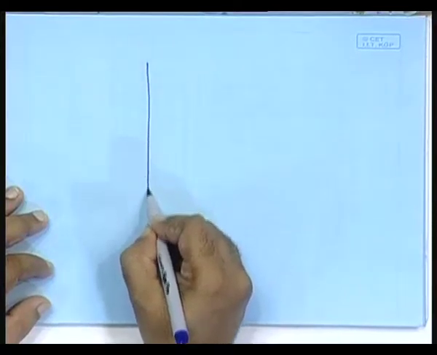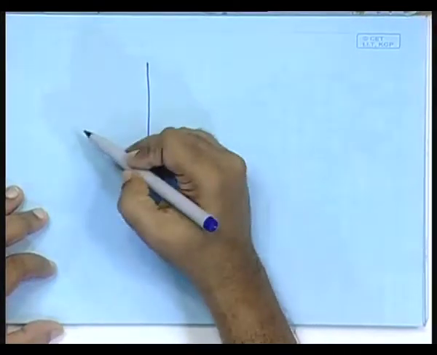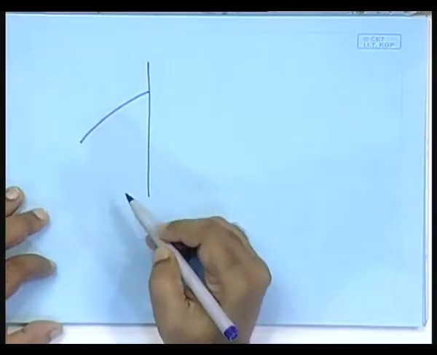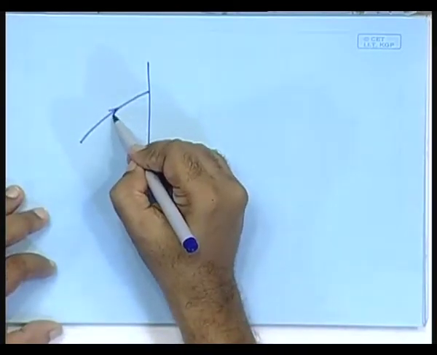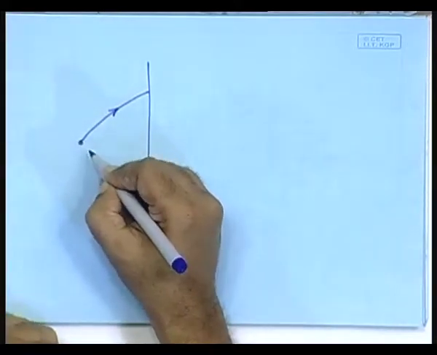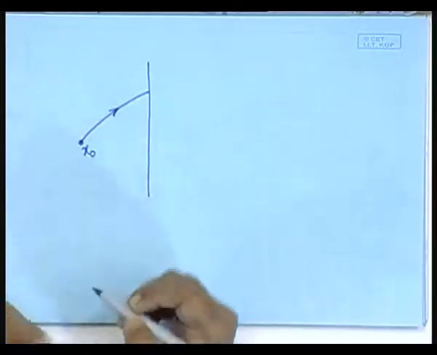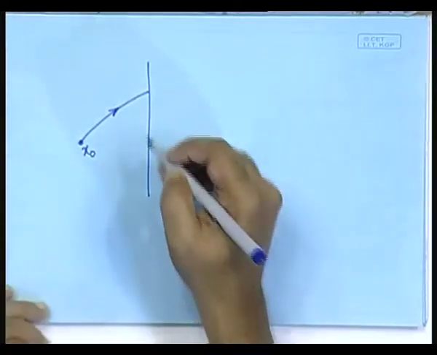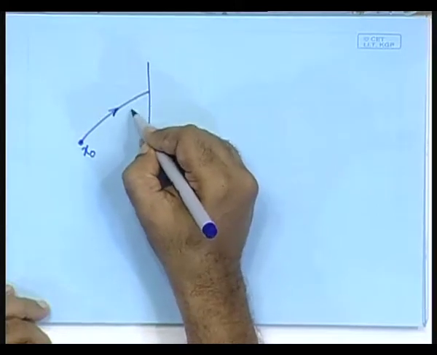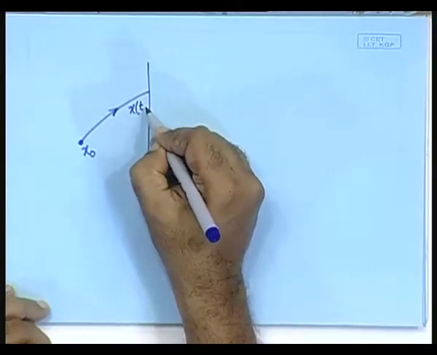Say here is a switching manifold, and here is a part of the orbit that reaches the switching manifold. It starts from a point, say x naught, and reaches at, I will write it here, x t.